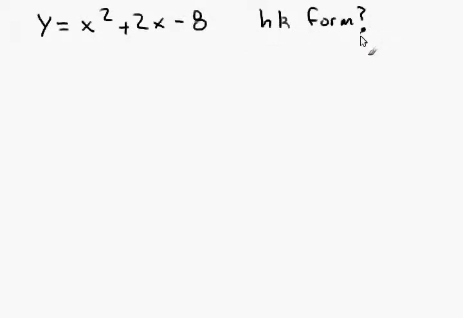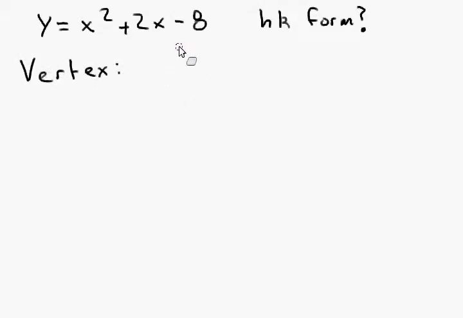So if we had a parabola in standard form, like for example one of the parabolas we worked with earlier, y is equal to x squared plus 2x minus 8, how would we get this in hk form? Well, first we'd need to find the vertex.